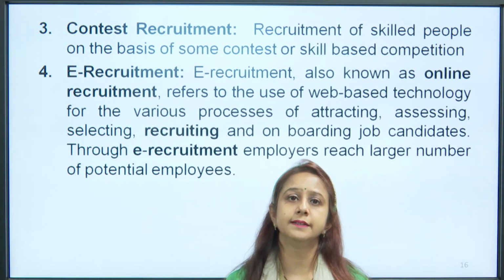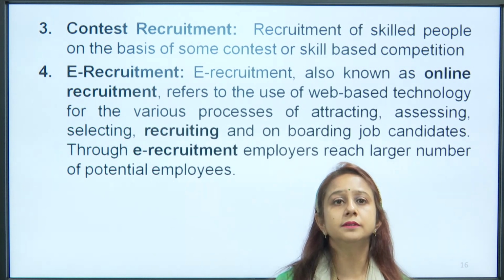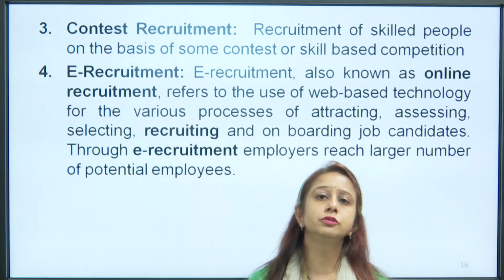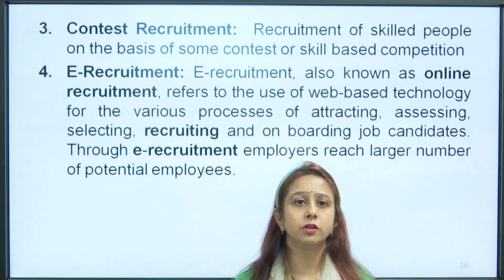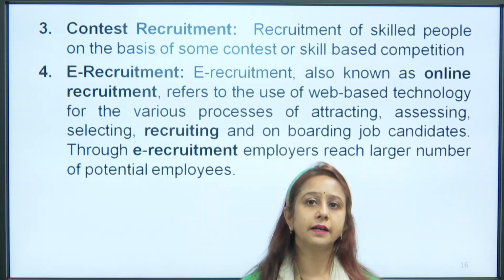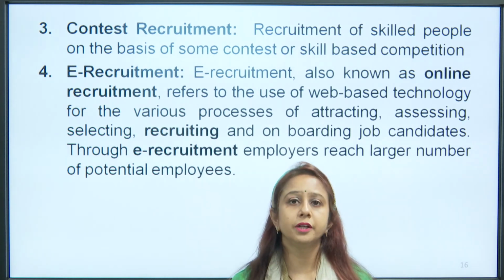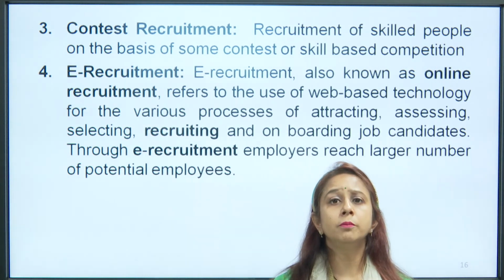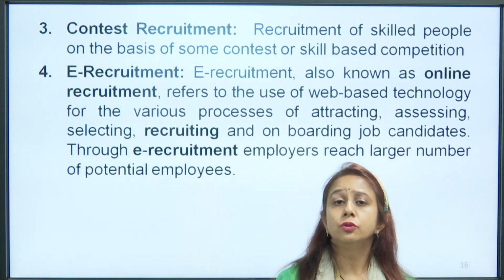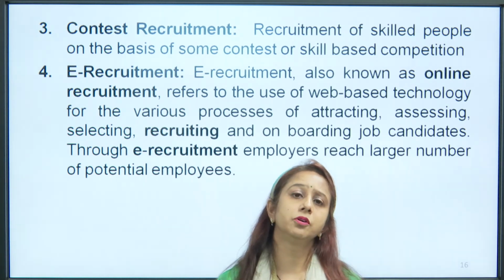Then the very last one is E-Recruitment. It is also known as online recruitment. It refers to the use of web-based technology for various processes of attracting, assessing, selecting and recruiting people and onboarding the job candidates. Through E-Recruitment, employers reach a large number of potential employees.